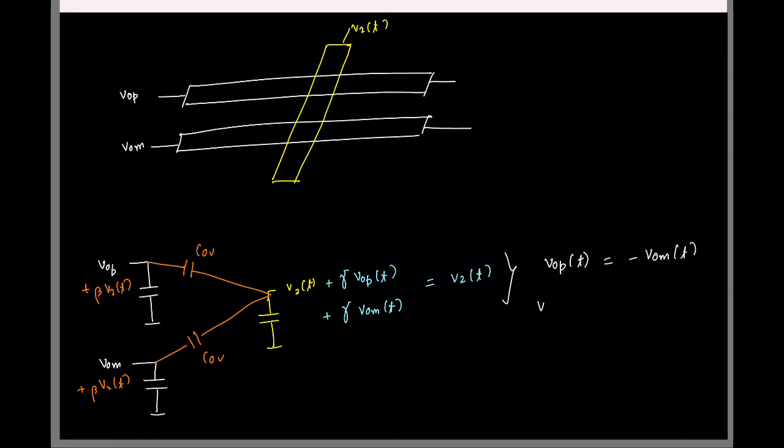And we also know that the difference of VOP and VOM is my actual output. That's how we have encoded our information. So what is VOP of t then? It's basically, this is plus, this is going to be minus.